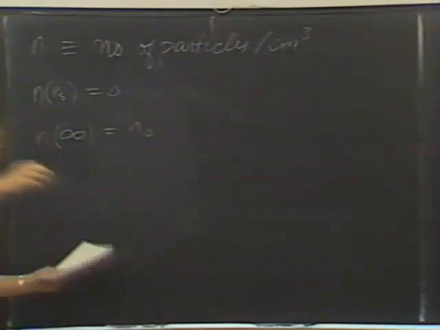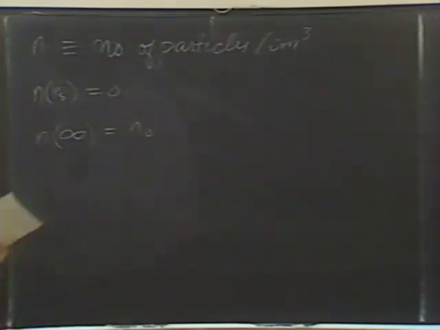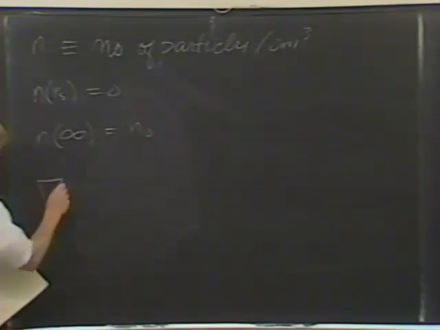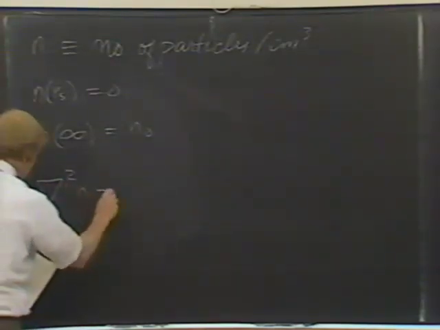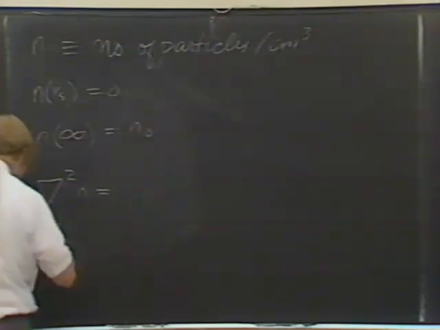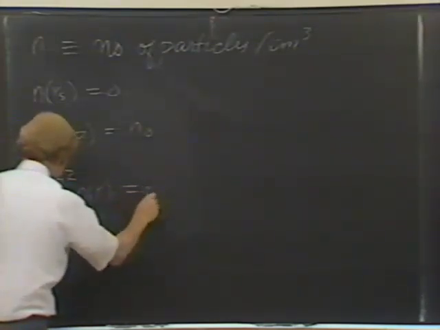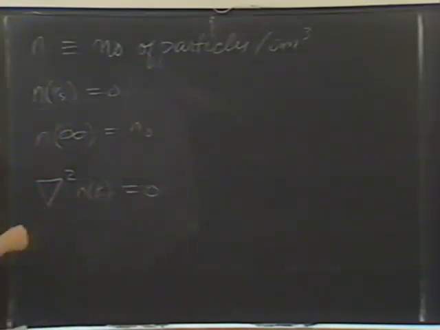And then I'll present, without further explanation unless you really want it, that we can write del squared n at r equals 0. Are you all familiar with this notation? It's the second partial derivative of n with respect to r.